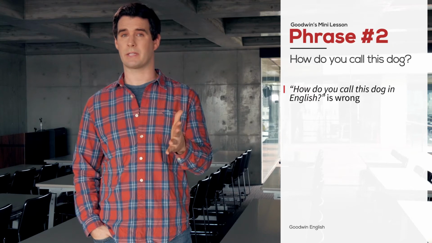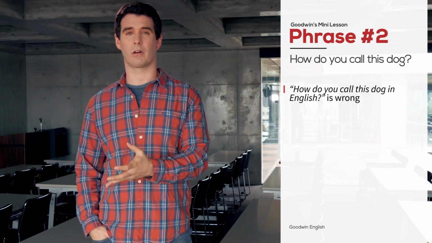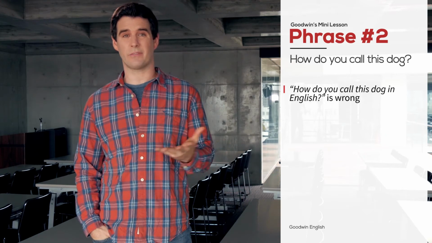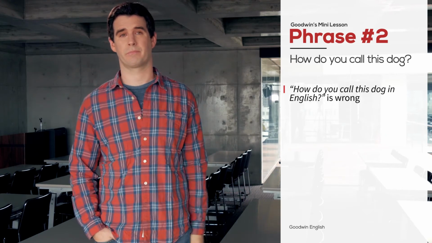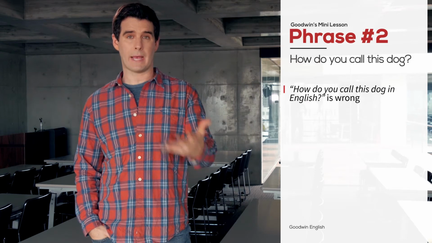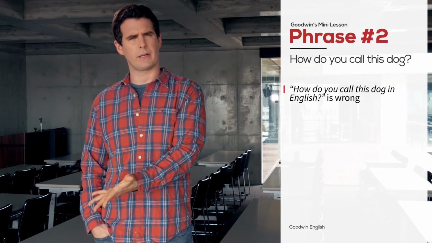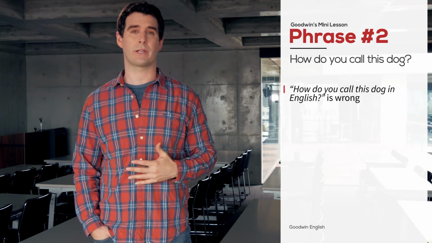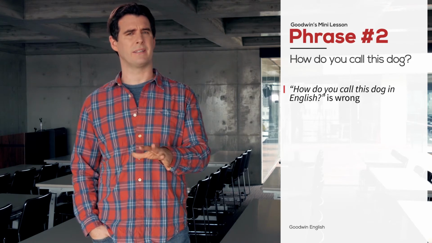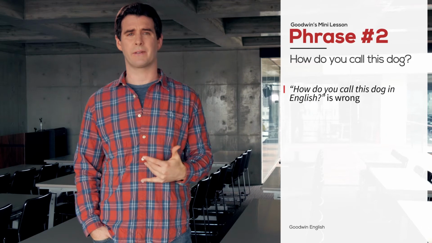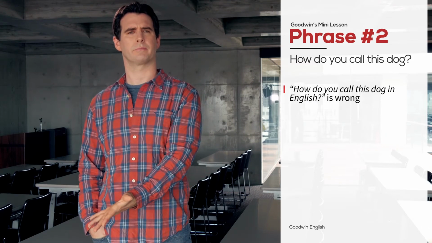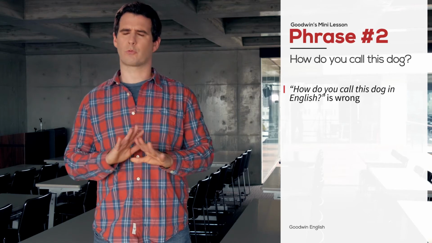You have never seen this type of dog before. You do not know what kind of dog it is. So, you want to ask your friend, what kind of dog is it? In this situation, I've had many of my students say, how do you call this dog in English? But this is wrong.